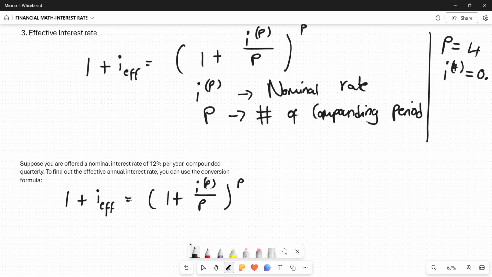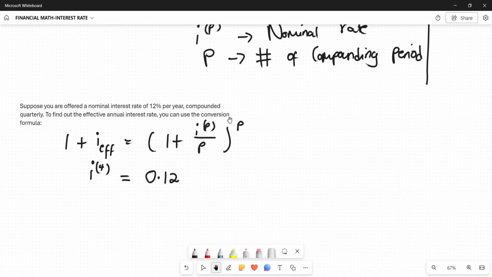So what is our nominal rate here? It is 12% and it is compounded quarterly. It means this will be i_4, which is equal to 0.12. And what is our compounding period? It's compounded quarterly, right? So our compounding period, p, is equal to 4.